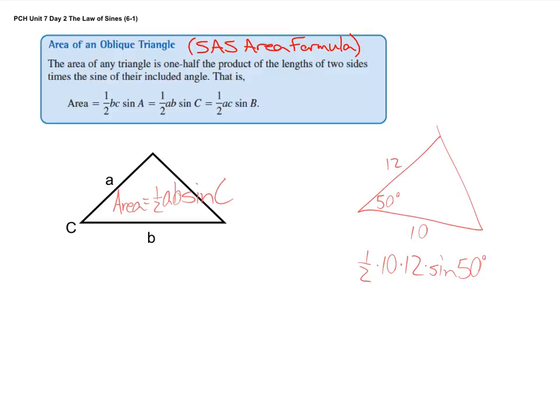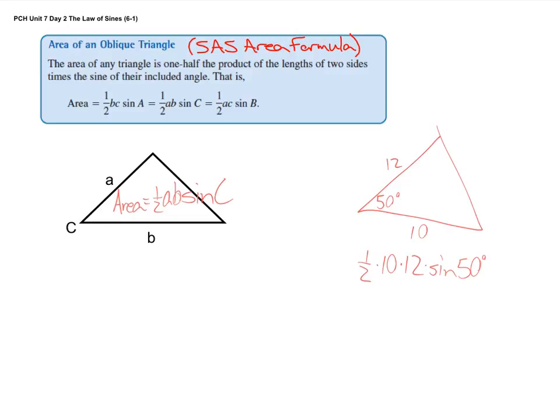We don't care what the height is. We just want to find the area. Now, if we wanted the height, then we definitely could do that. And by the way, that's partly why I show you where this is derived from. It's a pretty simple derivation, but it's related back to the right triangle trig and finding what that height would be.